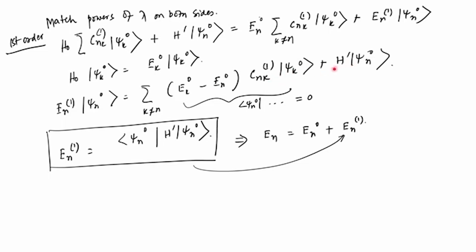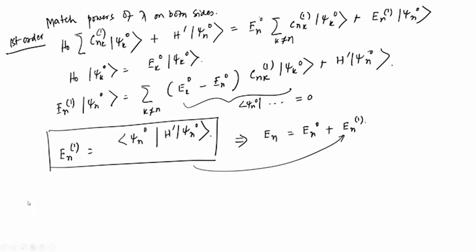And now we get bra psi m0 and H prime psi n0, which means the matrix elements of H prime will have to be calculated between two different orthogonal eigenstates of H, and that is what we do there.